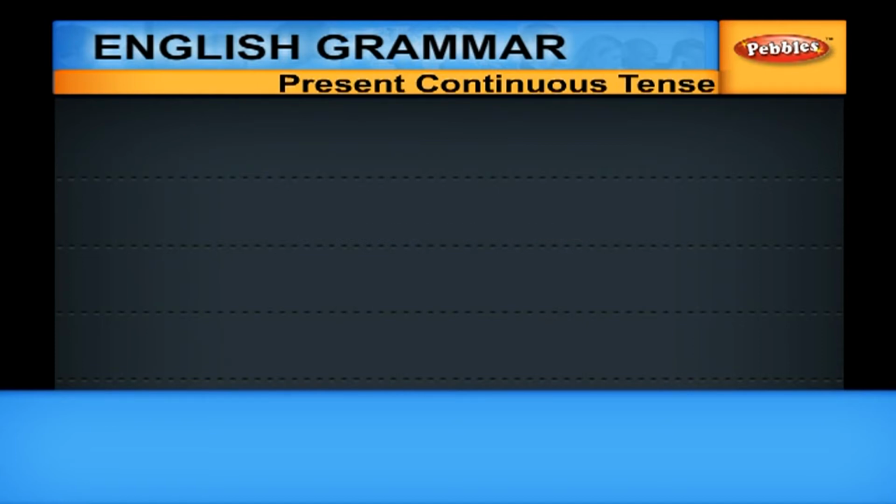Other verbs which don't take the ing form are like these. It is incorrect to say, I am liking you. The correct form is, I like you. It is incorrect to say, I am wanting this.